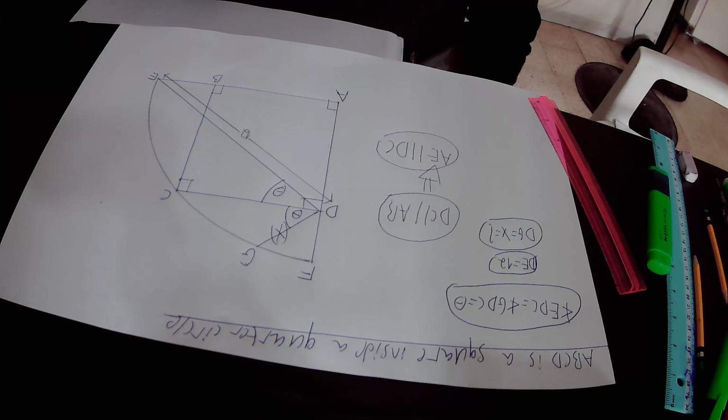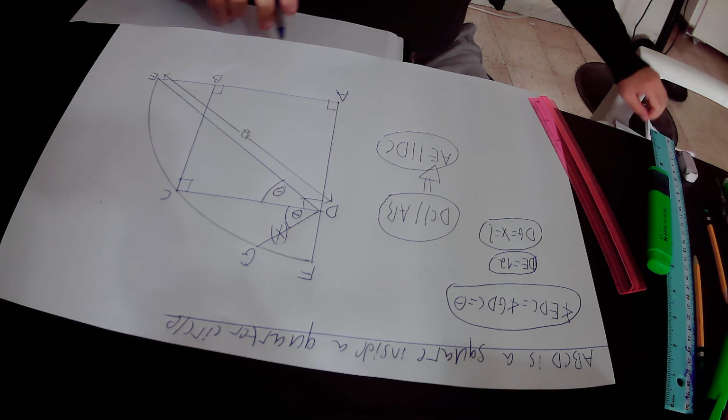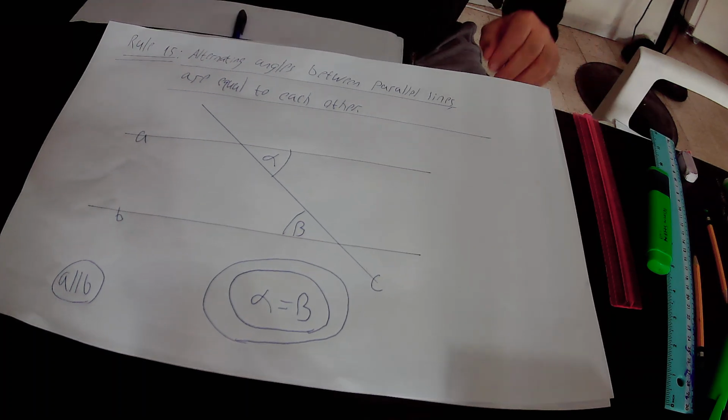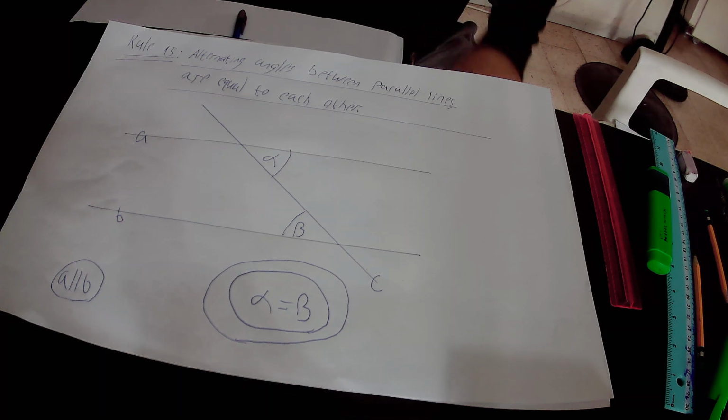Here we can implement rule 15. According to rule 15, alternating angles between parallel lines are equal to each other.